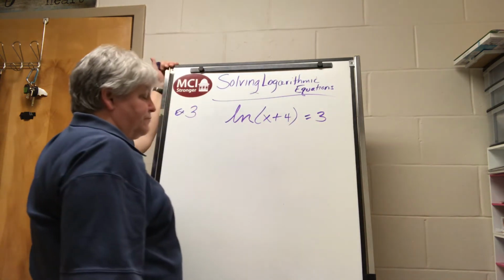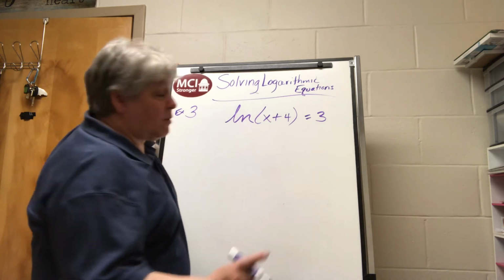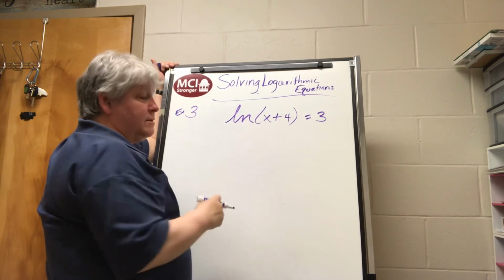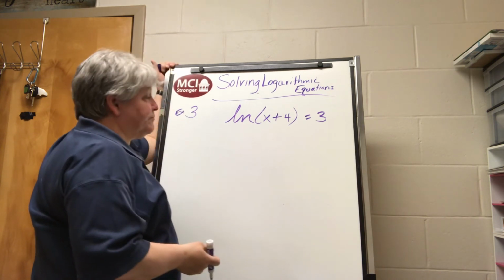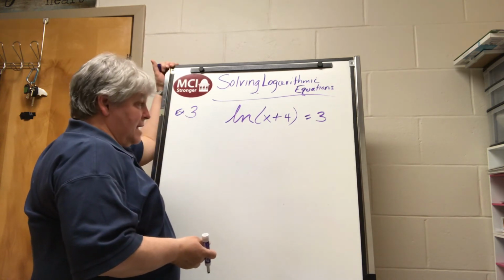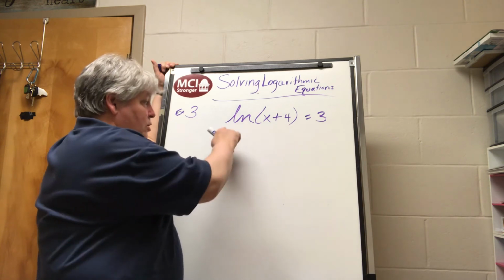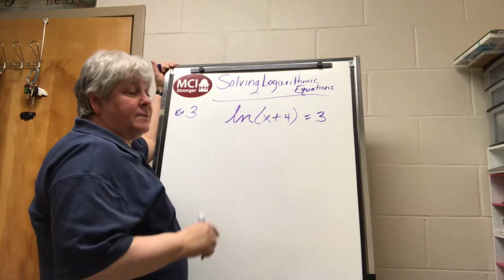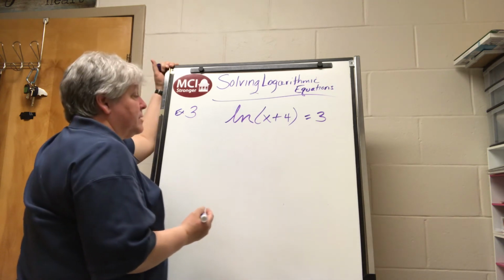Here we go. Now what makes this a logarithmic equation is you see either log or ln somewhere in the equation. With that in mind, the word log and its argument are already isolated, so we're ready to write it in exponential form.